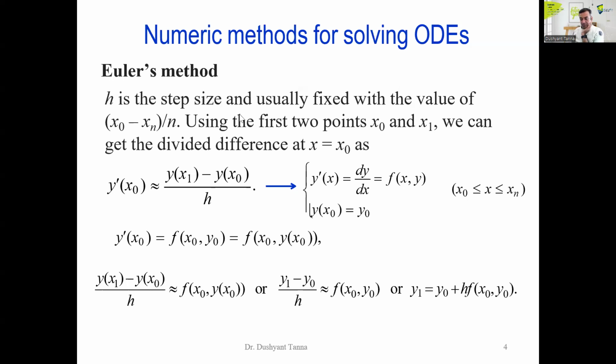This is the step size, usually fixed with the value of the gap, right? Using the first 2 points x0 and x1, we can then get the divided difference at x0. y dash is equal to.